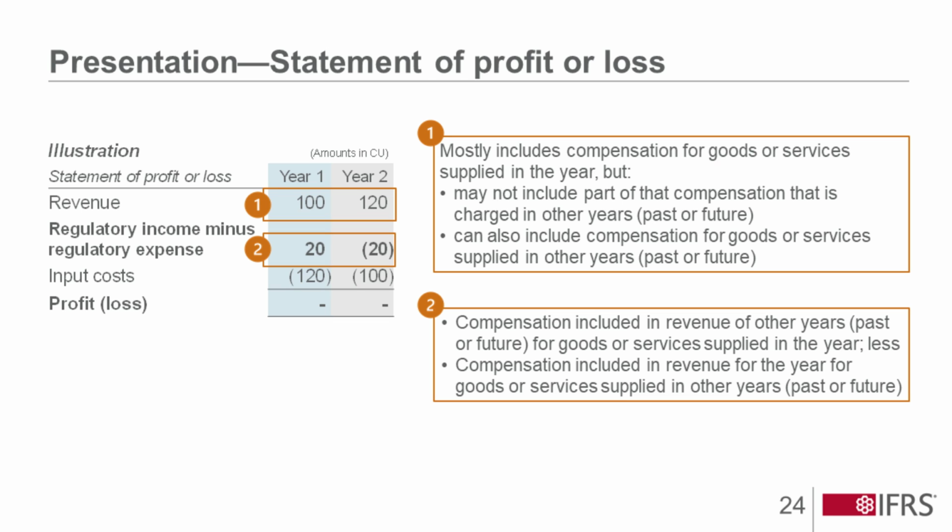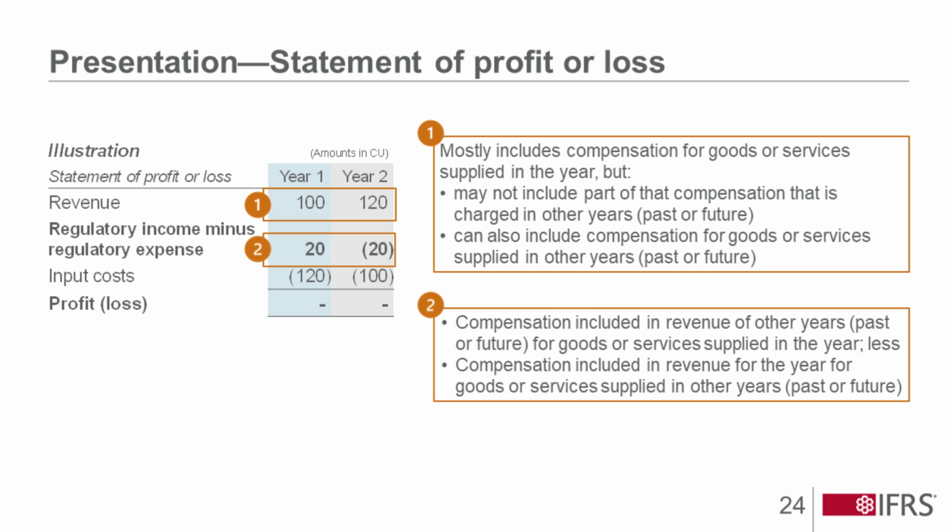So Tadeu, why did the board propose presenting regulatory income minus regulatory expense in a line item immediately below revenue? Raghava, our aim was to make the presentation proposals simple and intuitive. Regulatory income and regulatory expense are not themselves revenue. Regulatory expense includes items that affected revenue in the current period, that is, recovery of regulatory assets and initial recognition of regulatory liabilities.